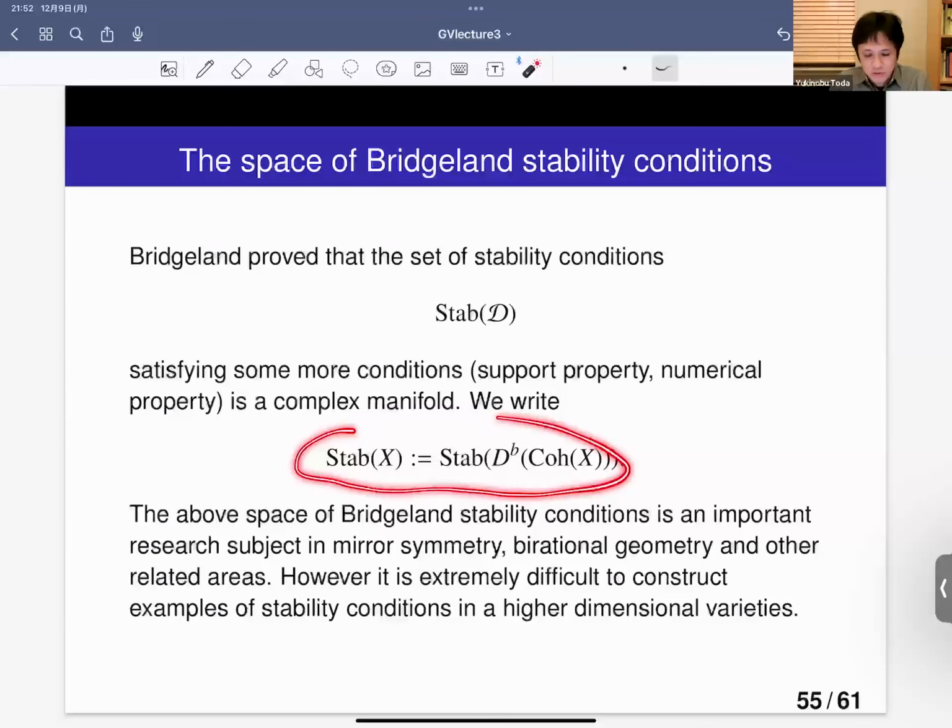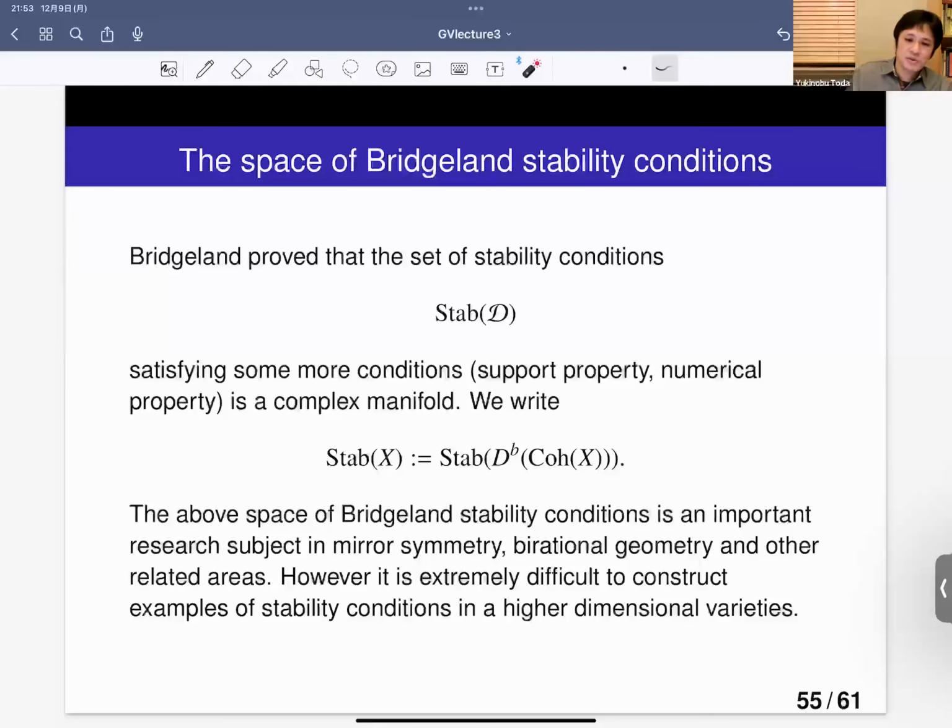And we write Stab(X) for the space of stability conditions when D is the derived category of coherent sheaves. So this is a very important notion, and a very interesting and important research subject in mirror symmetry, birational geometry, and other related areas. And of course, this is also important in enumerative geometry.